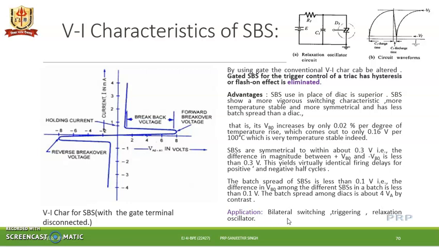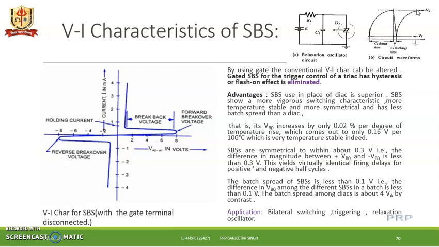So let's see the applications. SBS can be used for bilateral switching, triggering, and the relaxation oscillator. We can see how it is connected. There is RC circuit with a battery connected here. So capacitor gets charged through this resistor, and when it is charged to the forward breakover voltage, the SBS device is turned on and it will discharge the capacitor and brings down the voltage to this level.